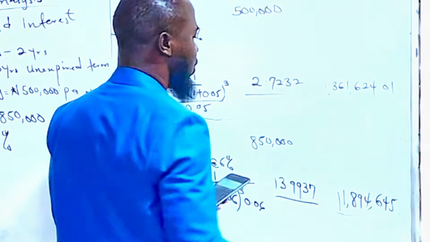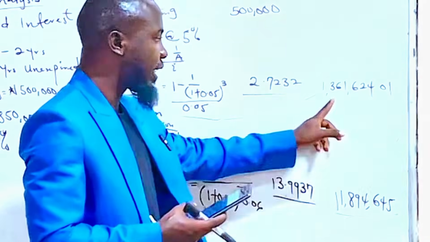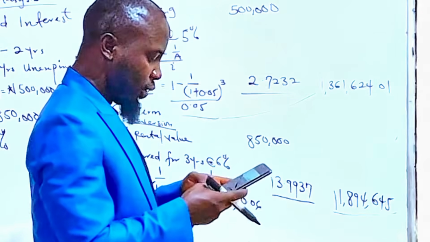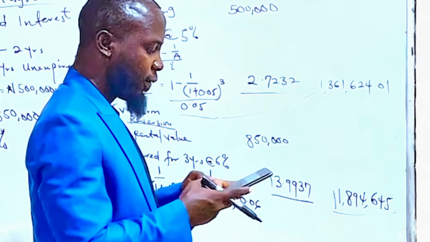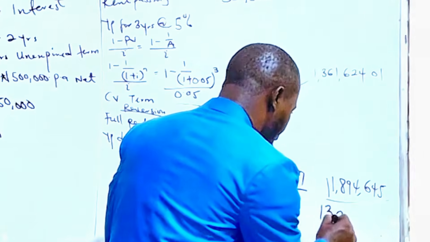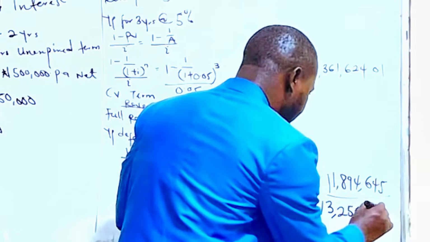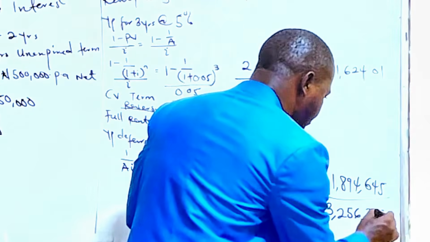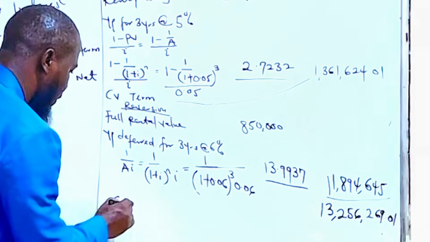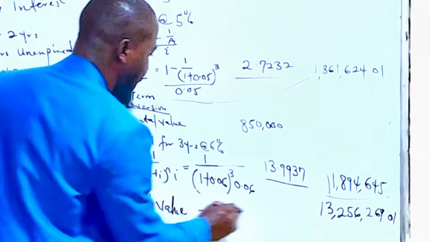Add the two values together: 1,361,624.01 plus 11,894,645, we have 13,256,269.01. This will be the capital value for the property.